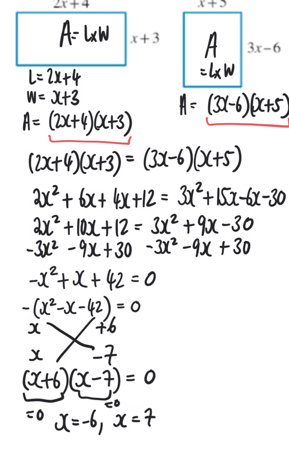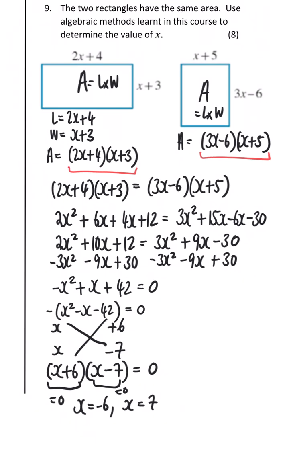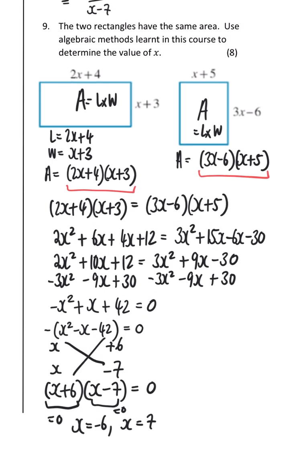Now we come back up to the original problem and we think about these two different options and if they both make sense in the context of the question. If x is equal to negative 6, well, that means the width of this first rectangle, this guy here, is negative 6 plus 3, which is negative 3.